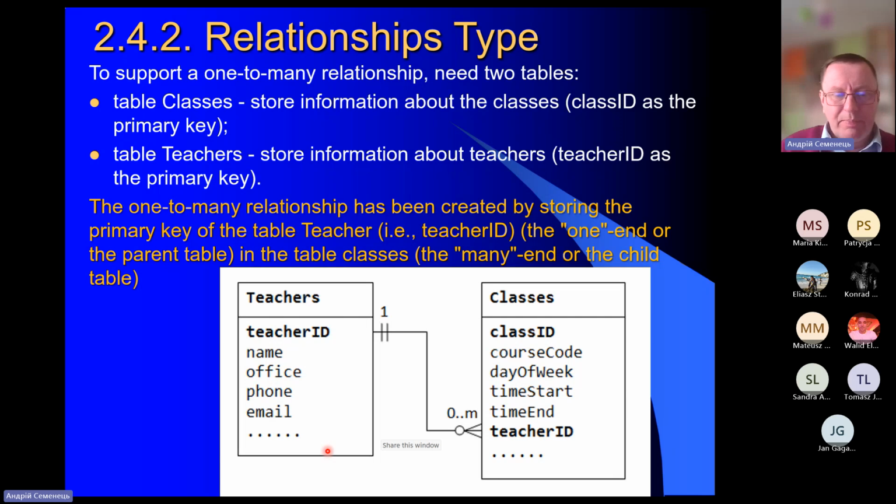We can place all university teachers at the left side and all classes that have to be delivered at the right side, and we have something like a way to store information about the timetable of education.